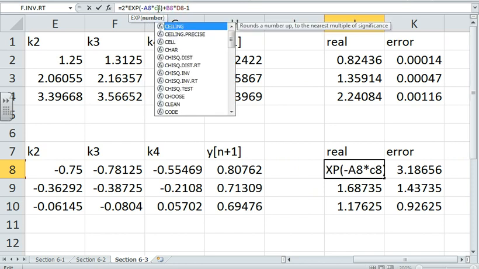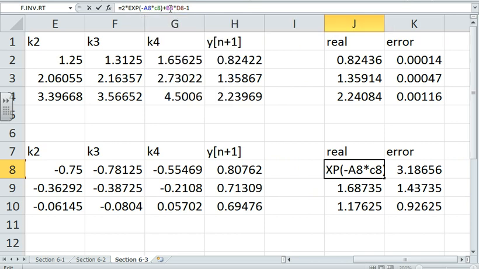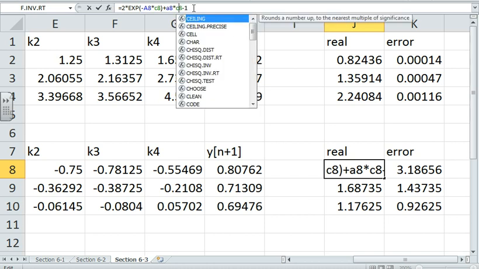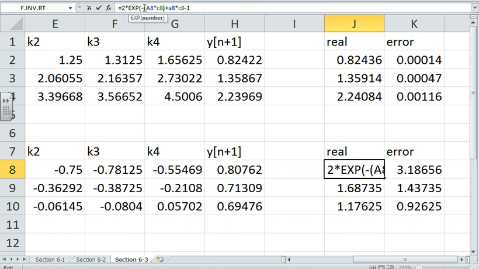I don't know why we didn't put those guys in the same spot. A times c plus, this would be a times c. But it's not a times c. It's a plus 1, parentheses a plus 1 close parentheses, a plus 1, close parentheses.